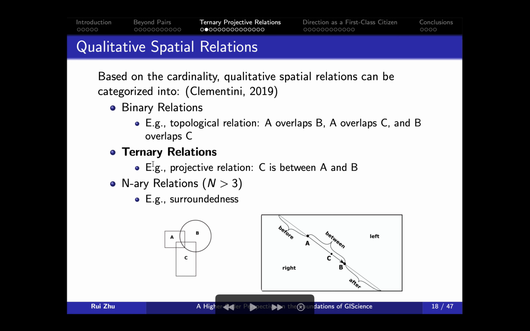Next is the ternary relations, and the projective relation is a classic example, which includes between, left, right, before, and after, as shown in this figure here. In addition, we also have n-ary relations, where n is usually larger than 3, and surroundedness is a good example. In this talk, I focus on ternary projective relations and leverage knowledge graphs to represent and reason over them.